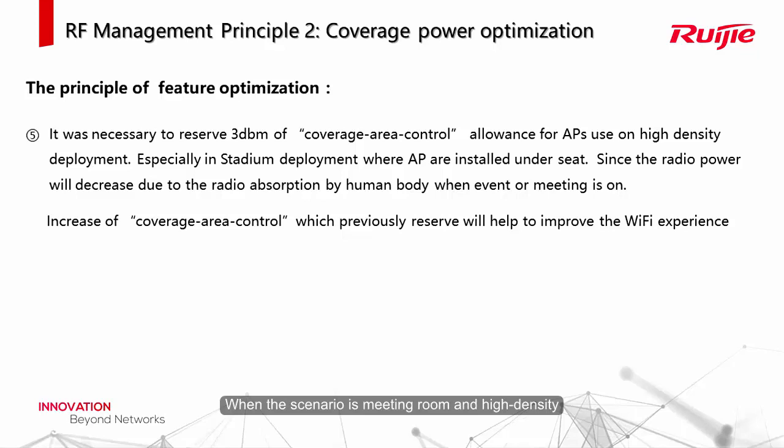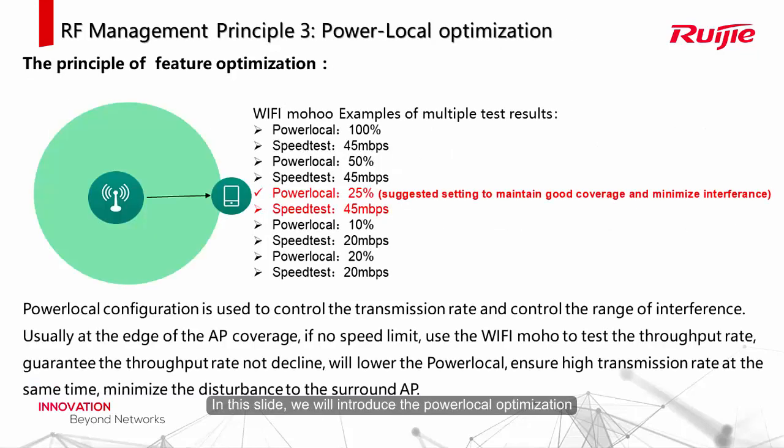When the scenario is meeting room and high density, we usually install the AP under the seat. Considering radio absorption by the human body when an event or meeting is on, we usually reserve an extra 3 dBm for coverage area control. In this slide, we will introduce the power local optimization.